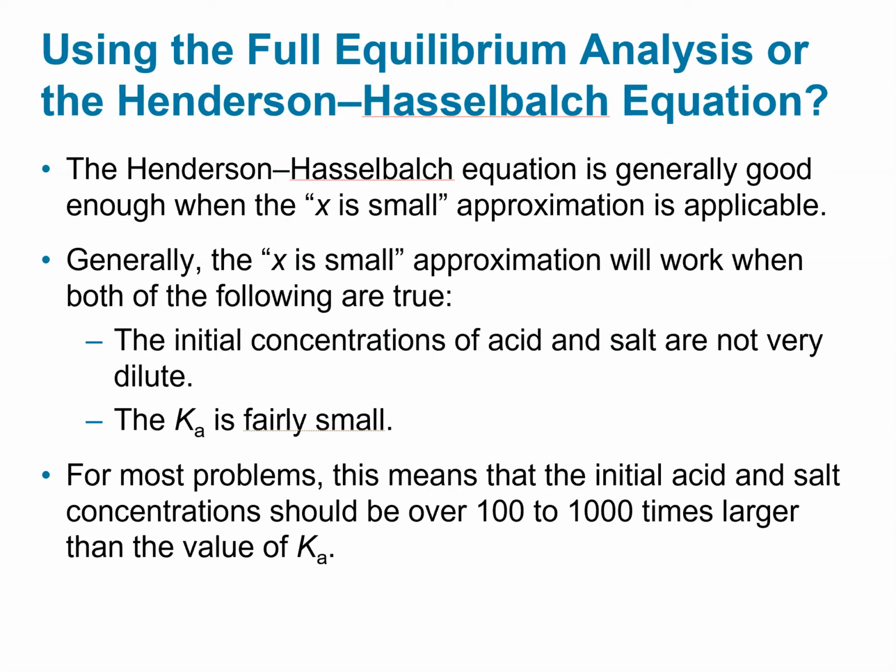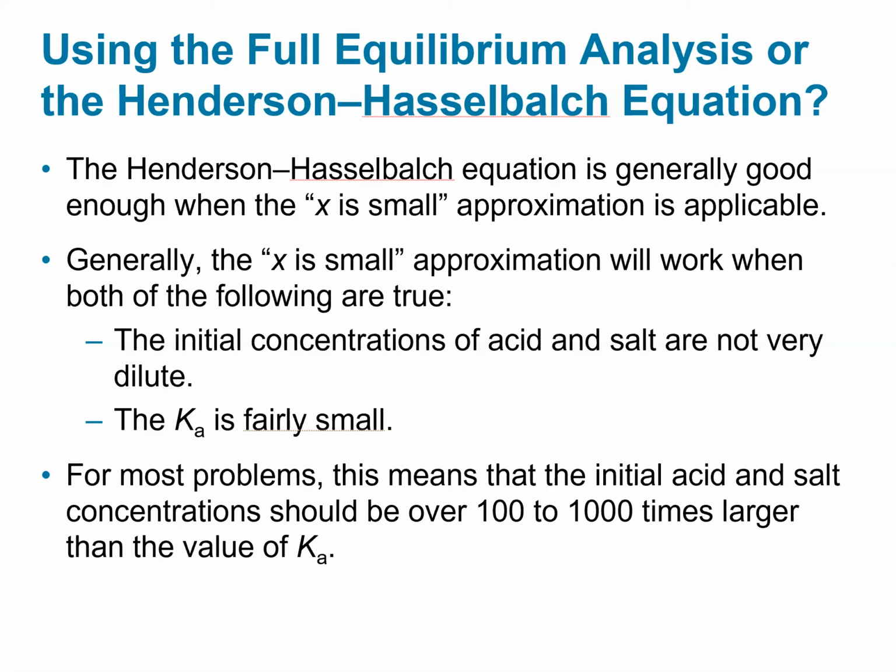So once again, this is generally a good mechanism of solution as long as x is small, and in most cases, for weak acids, this is true. We can generally say that the x is small approximation is going to work if the following are true. One, the initial concentration of acid and salt are not very dilute. You have reasonably high concentrations of these because, well, I'm not going to get into it because that leans on the derivation. We're not talking about it.